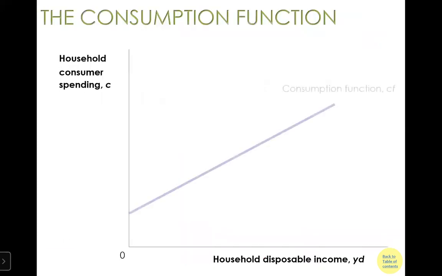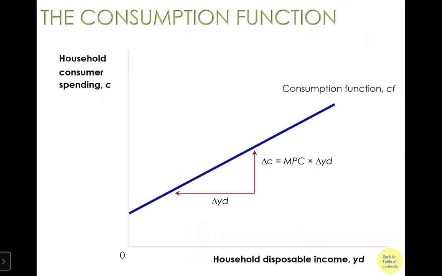Right. The last thing we discussed is this consumption function. Essentially it tells us how consumer spending adjusts with consumer income. There are two key things. One is this autonomous spending.